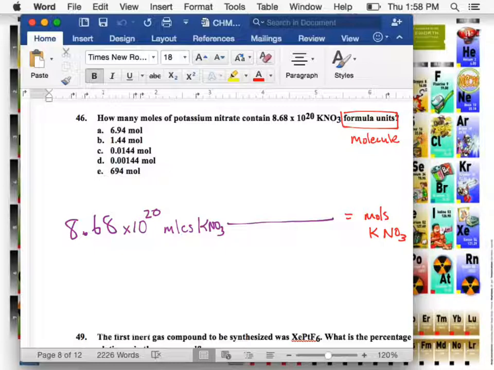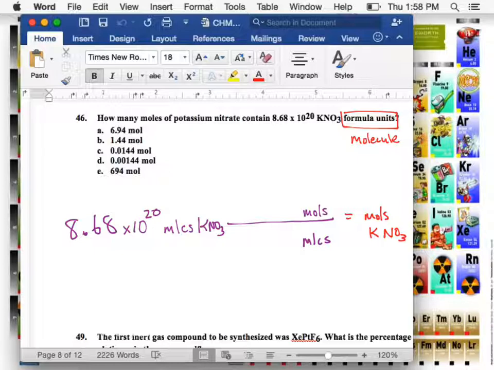I need a conversion. Molecules must disappear, so it must be crossed out. The only way it can disappear is if molecules shows up on the bottom of my conversion. What else needs to happen? Moles needs to appear.